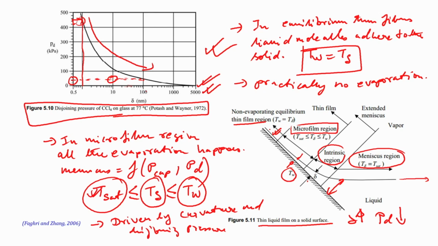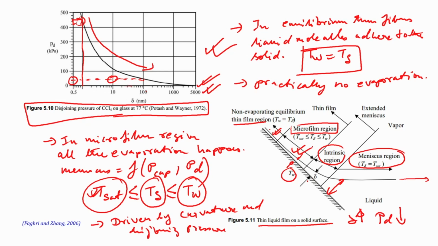Now, here we have seen one other thing, that there is a change in saturation vapor pressure over a curved interface. In thin films, both the disjoining pressure and the capillary effect reduce the saturation pressure compared to the normal condition.